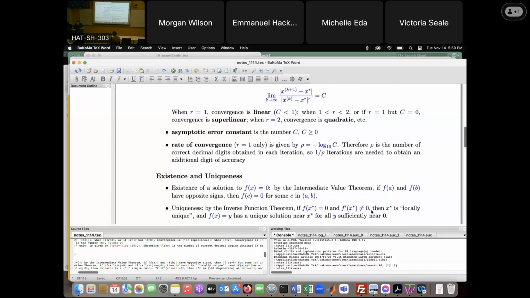So at least locally, we have uniqueness of a root. But it doesn't really give us very much, unfortunately.